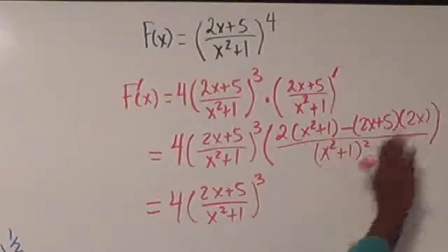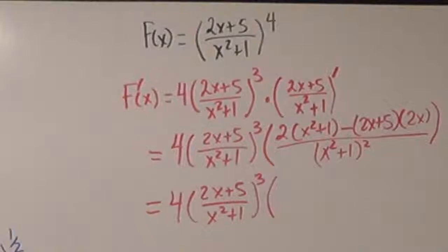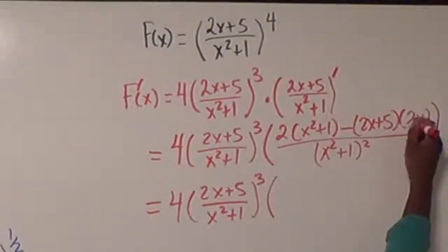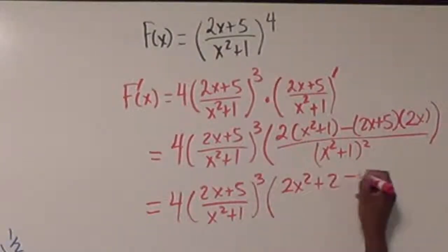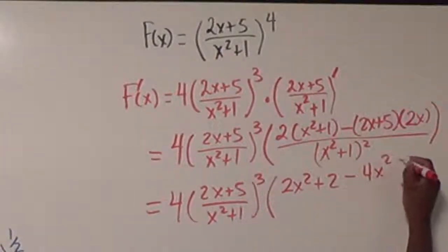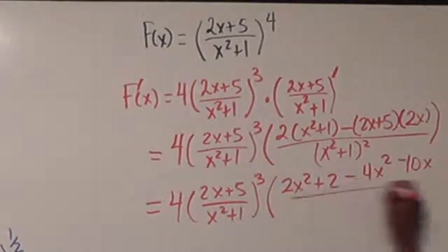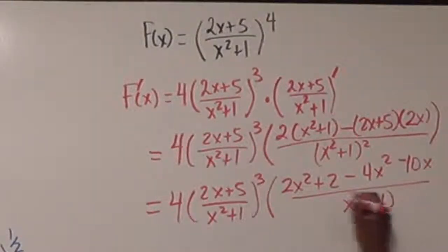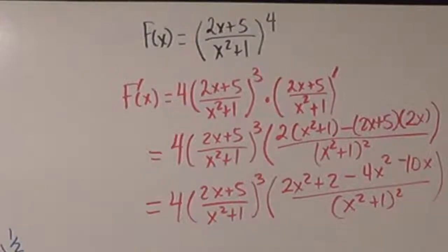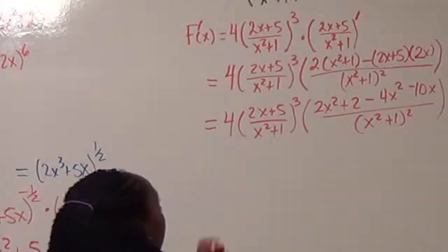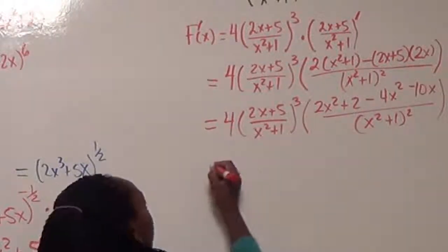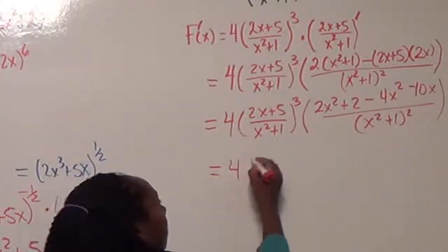So here, I want to go ahead and simplify, so I'll distribute those terms through, and then combine like terms. Okay, so there's our distributing. Now we can combine like terms in there, and here I'm going to go ahead and distribute that power to both the top and the bottom.